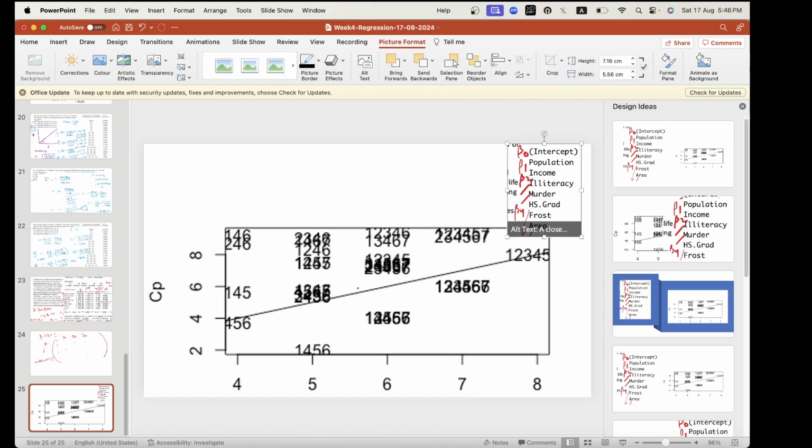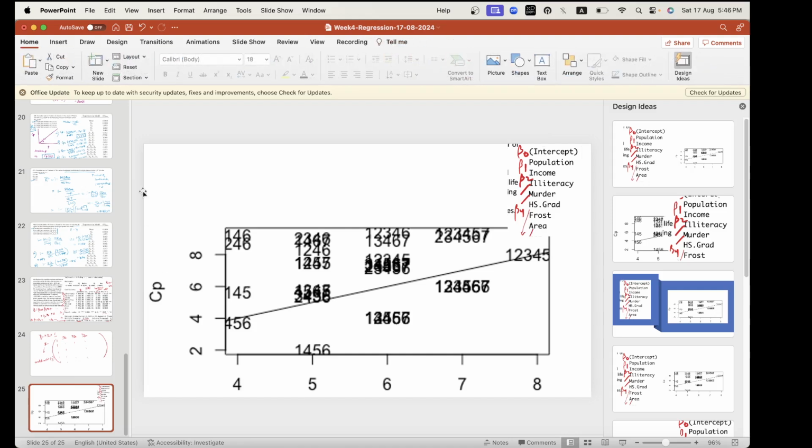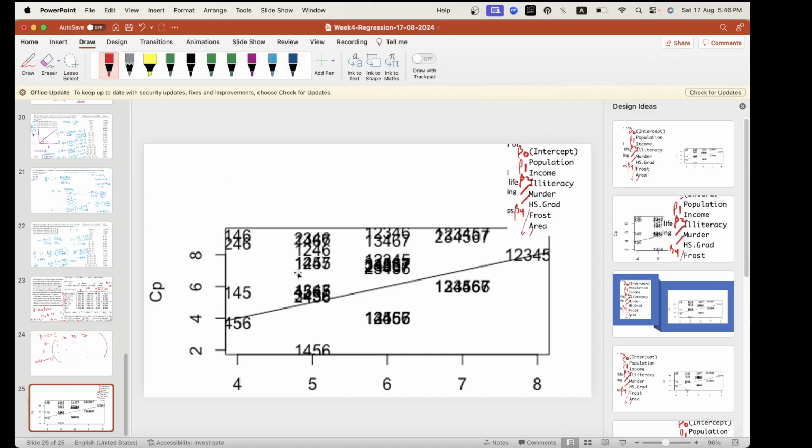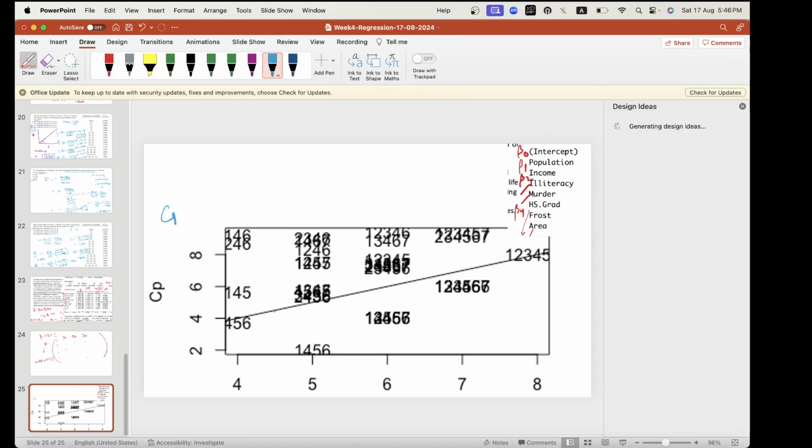Now from this graph, if you can see carefully, this is your Cp versus p line, this line. All right, and we should check for points where p is low.